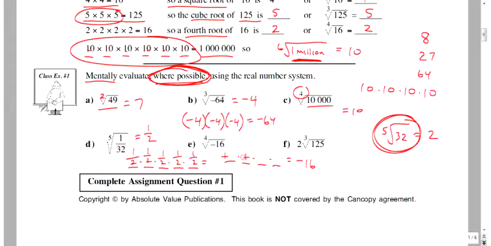If these are all positive, I don't care what it is, this answer is going to be positive. If these are all negative, because they all have to be the same, it's going to be positive. How could that ever be negative? The answer is it can't. Okay? So, again, we don't like these. They're giving you a question you can't do, but you need to know this.